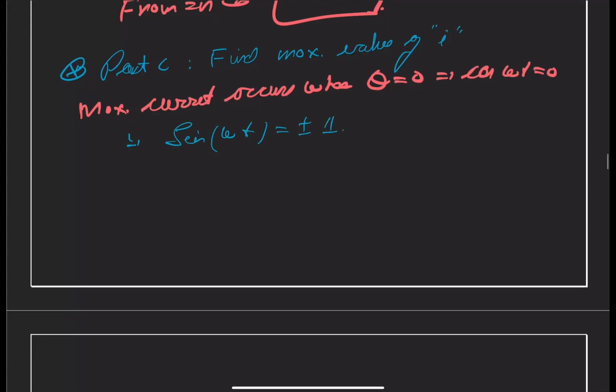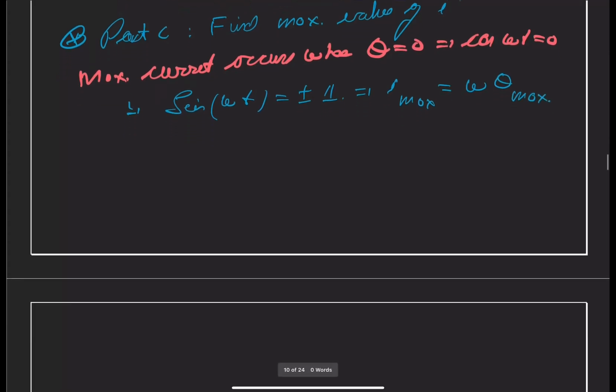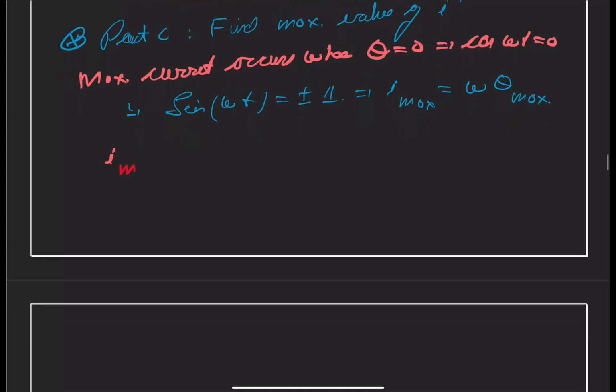Therefore, we can say that our I max will be equal to omega multiplied by Q max. We substitute the values. Omega we already know is 10 to the power 4, and Q max is given to us as 200 microcoulomb, and this gives us maximum current as 2 amperes.